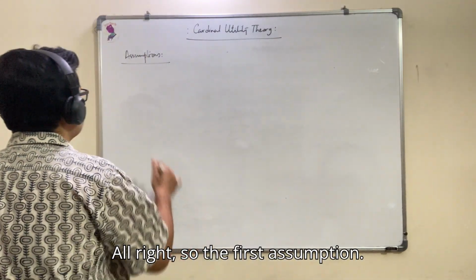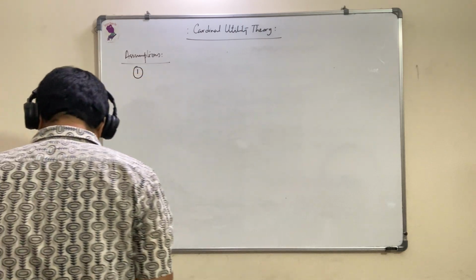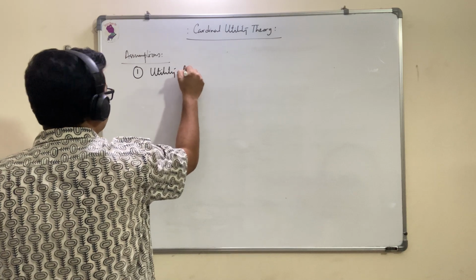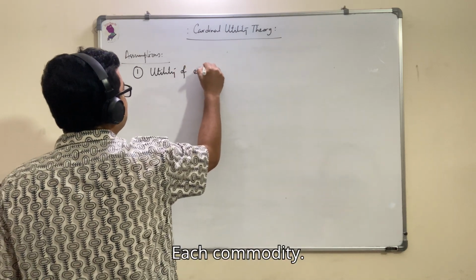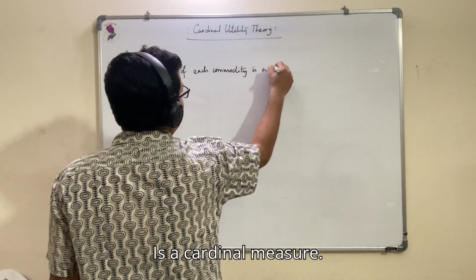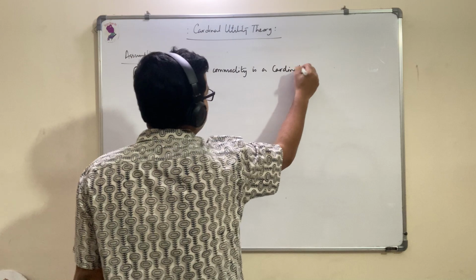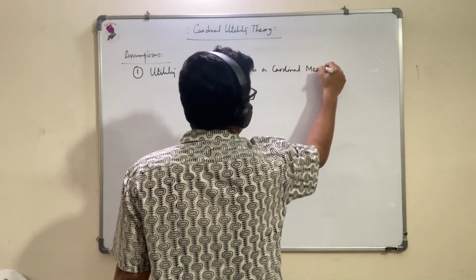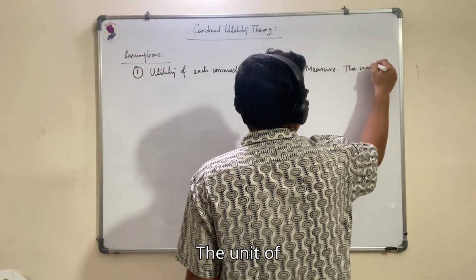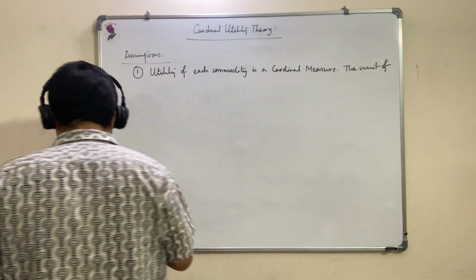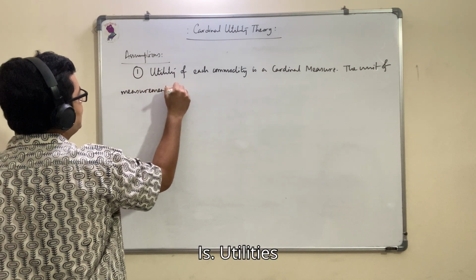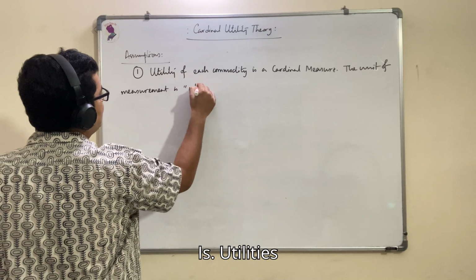Alright, so the first assumption: utility of each commodity is a cardinal measure. The unit of measurement is utils.